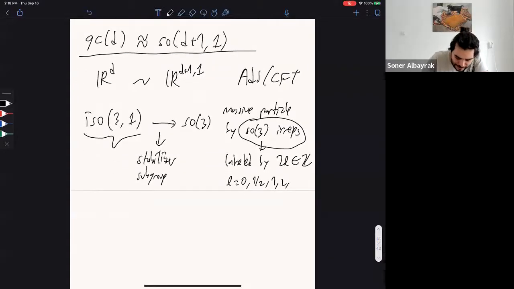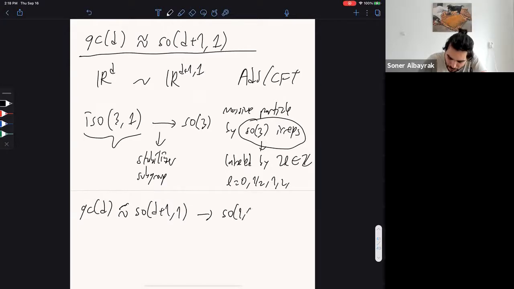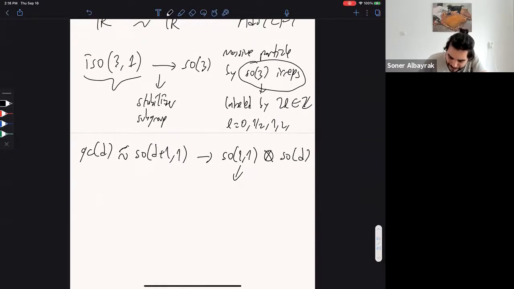And we will see that in the case of the conformal group in D dimensions, isomorphic to SO(D+1,1), the stabilizer subgroup will be SO(1,1) times SO(D). This will be labeled by delta, the scaling dimension, and the usual spin. So in conformal field theory you get spin labels, like L equals 0, 1, etc., but you also get another label, the scaling dimension, which is a real number.